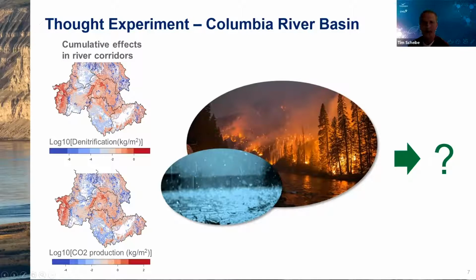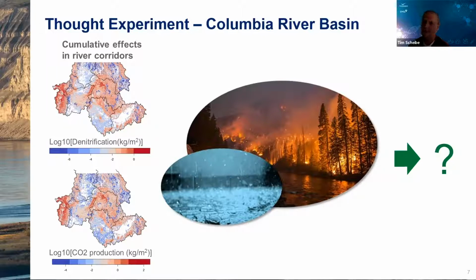And wildfires have many effects on the hydrobiogeochemistry of river corridors and watersheds. One of those is that as the organic matter is burned, it changes its molecular form and character. And as you've heard a lot today, the molecular form and character of organic matter matters a lot in terms of how it impacts the biogeochemistry of the system.